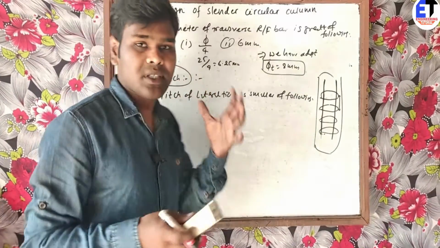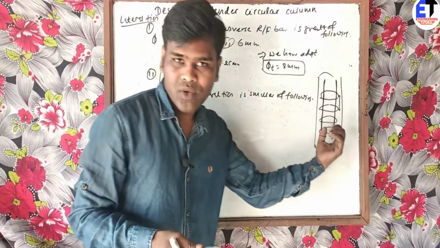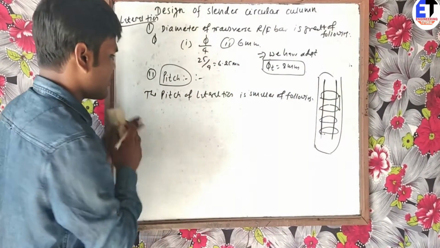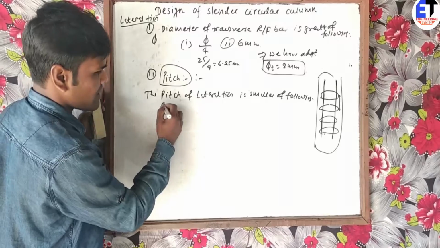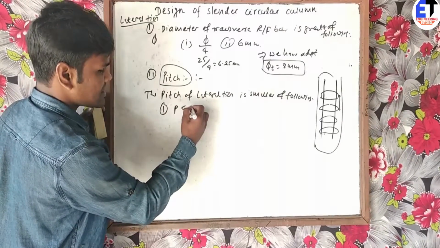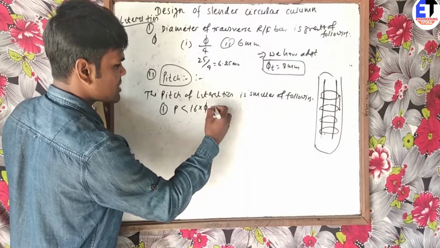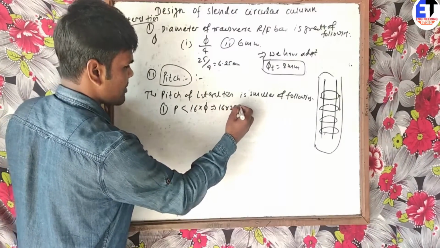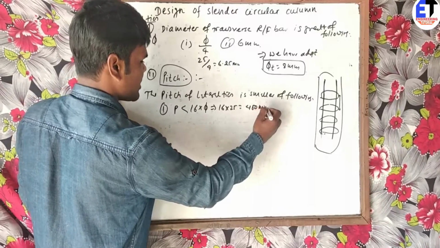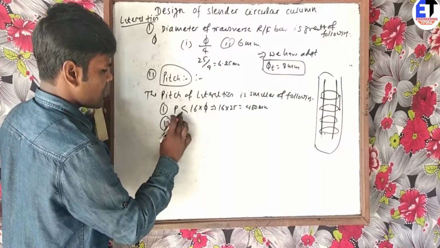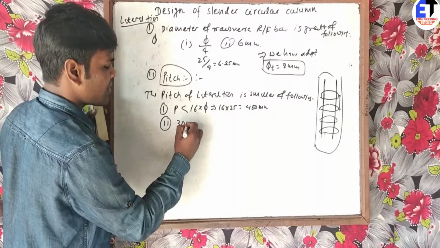The pitch, meaning the distance between one tie and another, should be the smaller of the following, which I am going to write here. Pitch should be less than 16 times the main bar diameter, which gives 16 into 25, 400 mm. In the second case, pitch should be less than 300 mm.